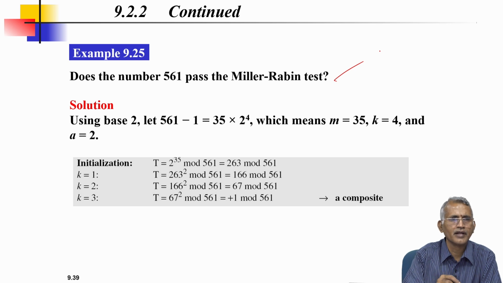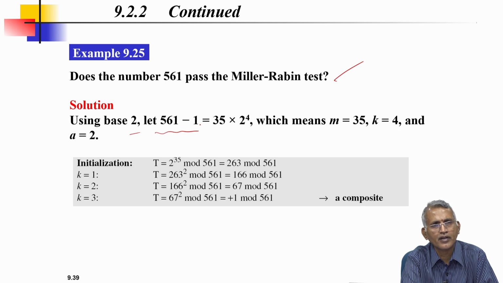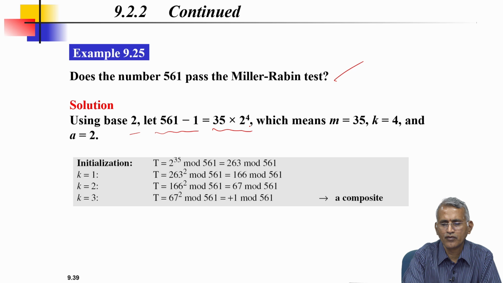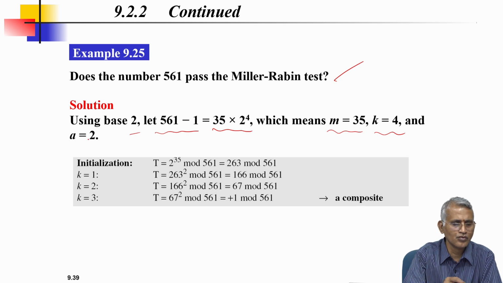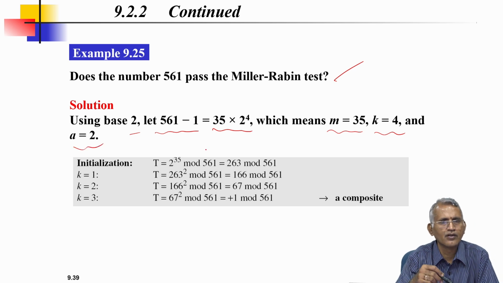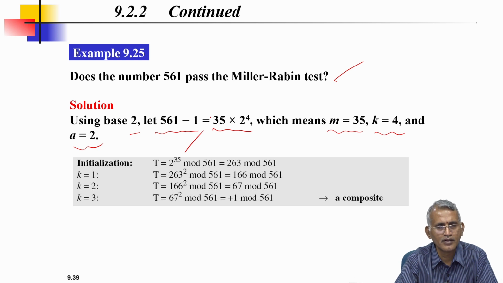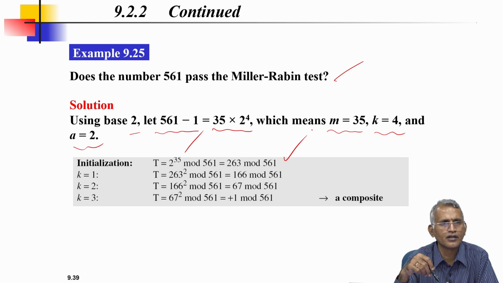Now, you take the base 2. Let 561 minus 1 be taken, and this can be expressed as 35 into 2 power 4, which means m equals 35 and k equals 4 and a equals 2. So, initially we have to test 2 power 35 under modulo 561. The resultant is 263 under modulo 561.